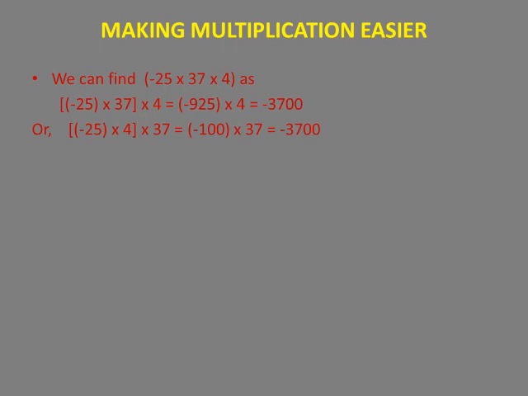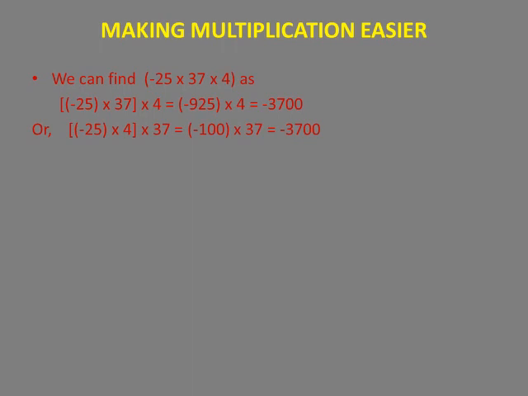But in the second, we have grouped minus 25 and 4, and then the product is multiplied with 37, and you get the answer minus 3700. Though the result is the same, you just tell me which one is easier. Obviously the second one. That gives an easy solution.